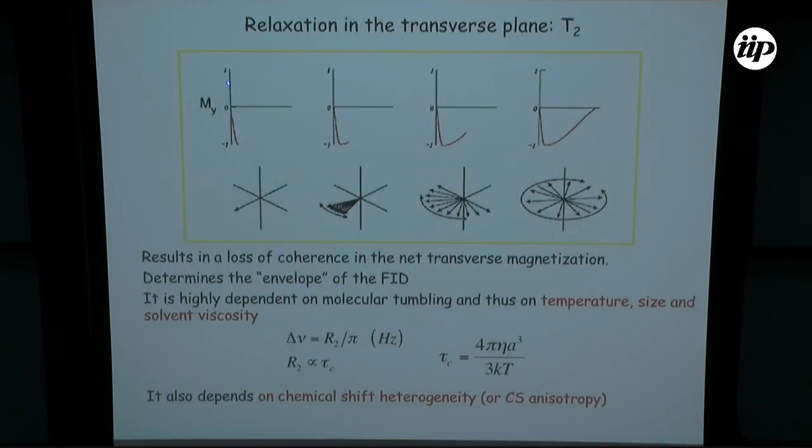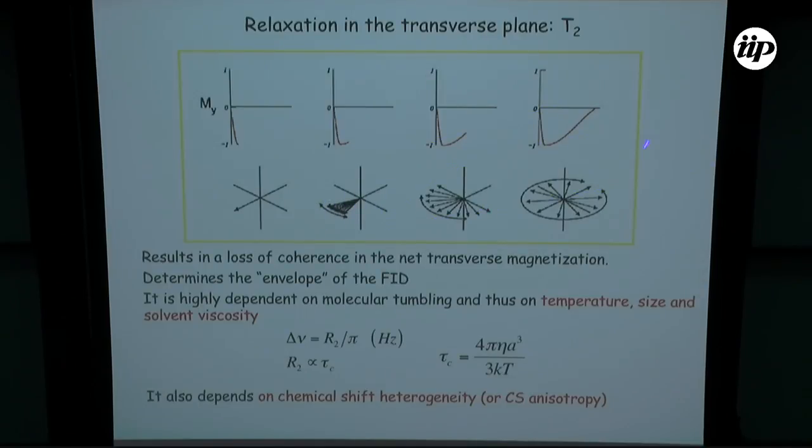So what happens is, once you tumble your spins and you start seeing the process in the XY axis, you start with everything synchronized because you put all the spins at the same time, but each of the spins is going to be rotating with a slightly different frequency because they have different chemical shifts. That means they're progressively losing coherence.